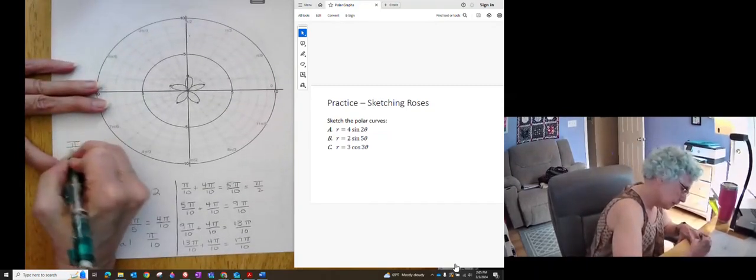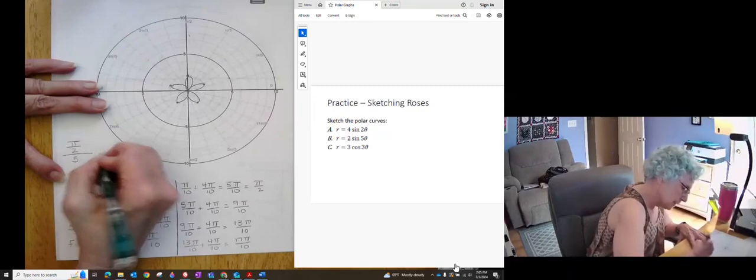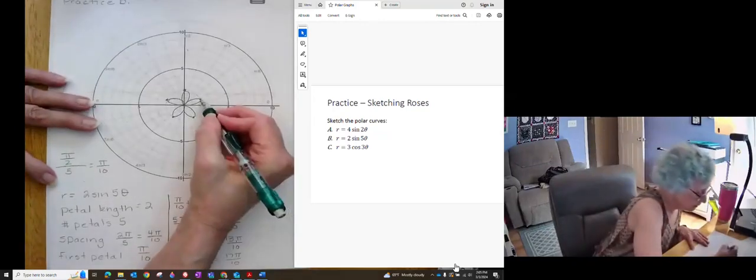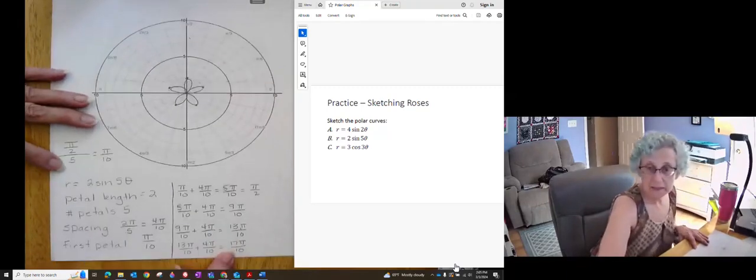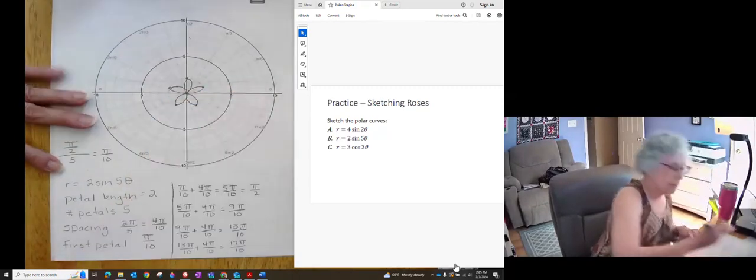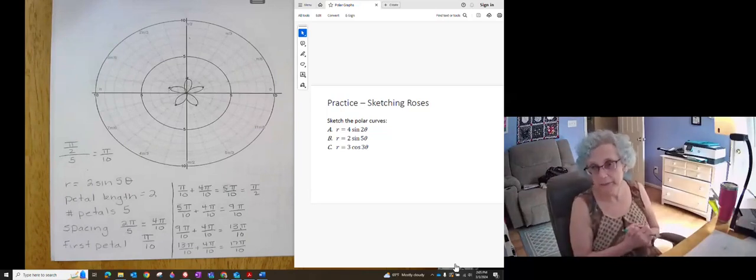Because remember, if we looked at the big 4, we would take pi over 2 divided by 5, which is pi over 10. So I found my first petal. I added the spacing, I added the spacing, I added the spacing. I plotted the ends of the petals, and then I drew in the loops.